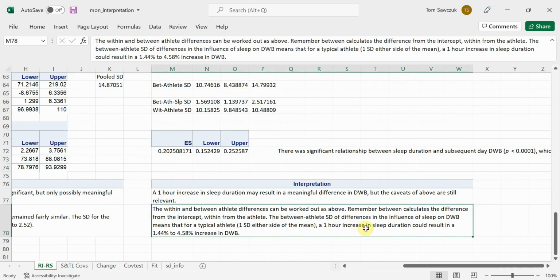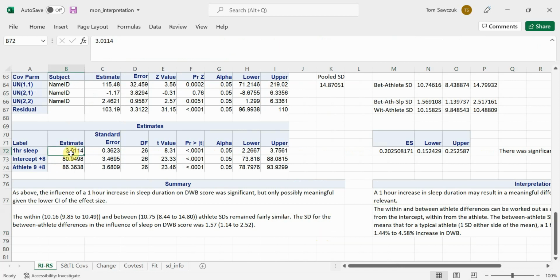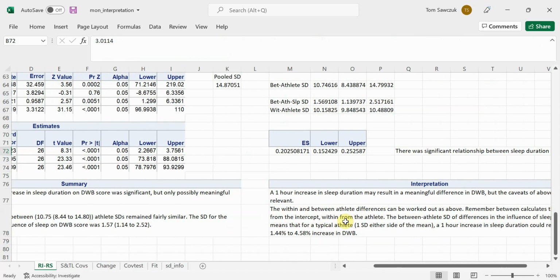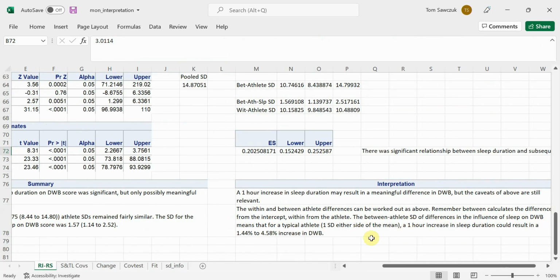But now we can really work out these responders or non-responders to sleep duration by using the between athlete sleep standard deviation. We can add and subtract that from the 1 hour sleep estimate. And if we do that, what we find is that a typical athlete would expect a 1.44 to 4.58% increase in daily well-being.